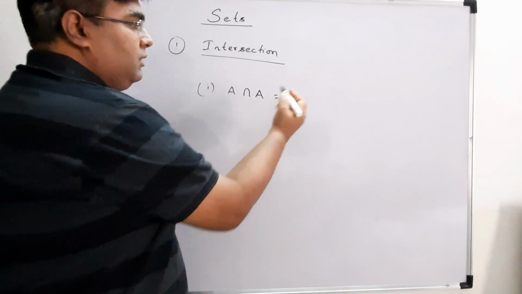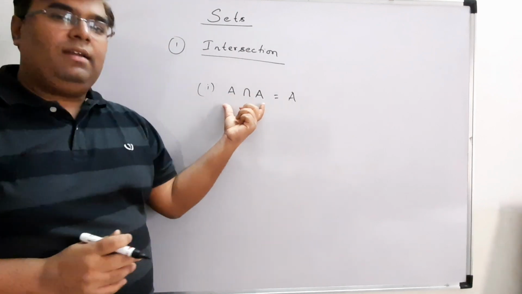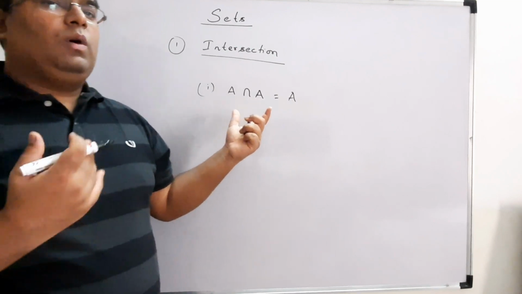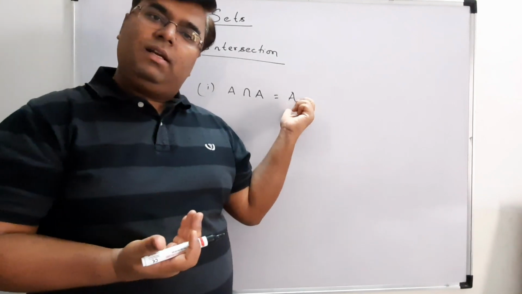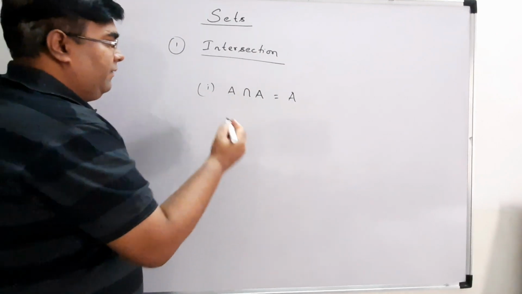What is the meaning of this? Simply A. If I take two same sets and want to find the common elements, then I will get the same set A.